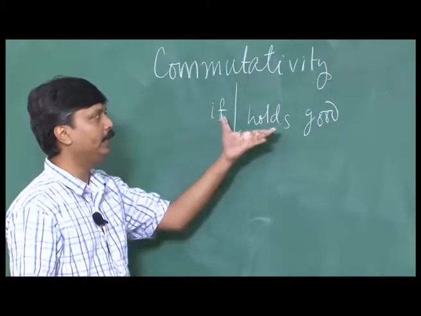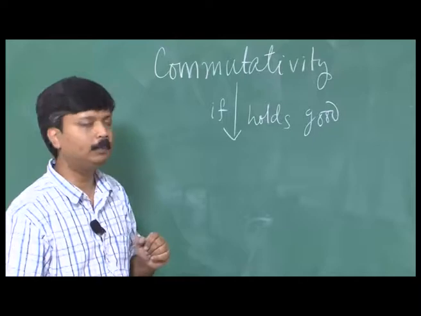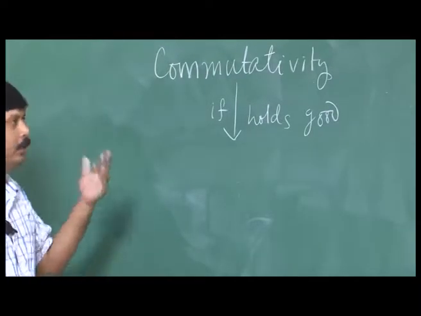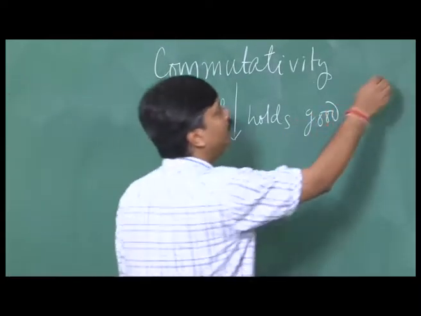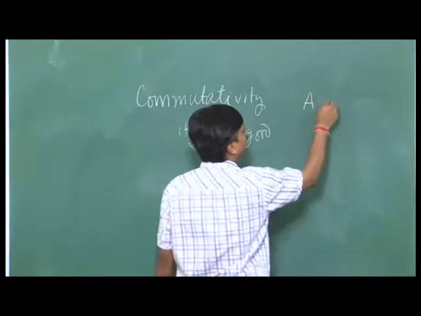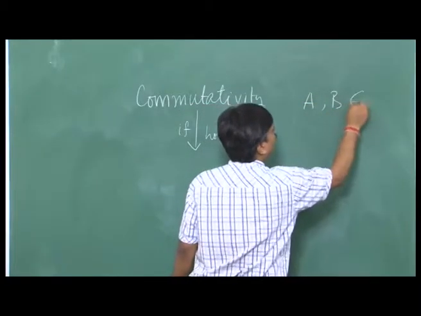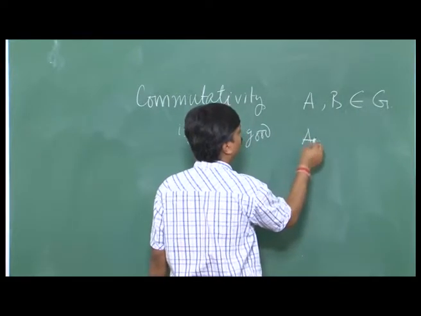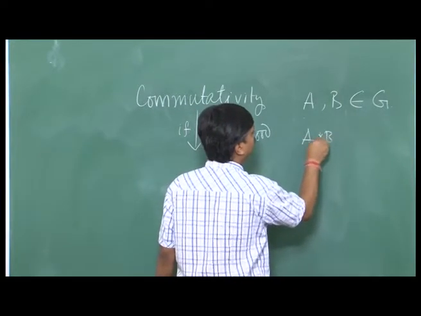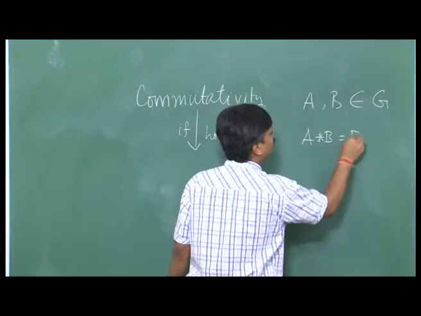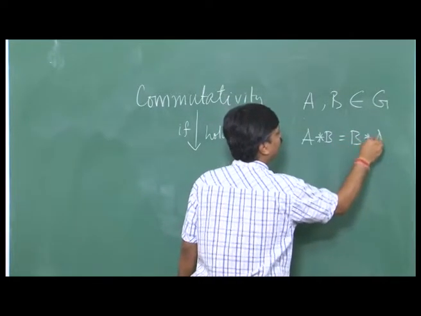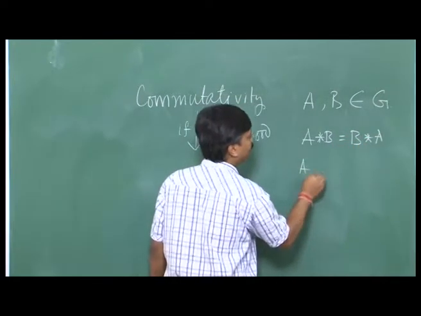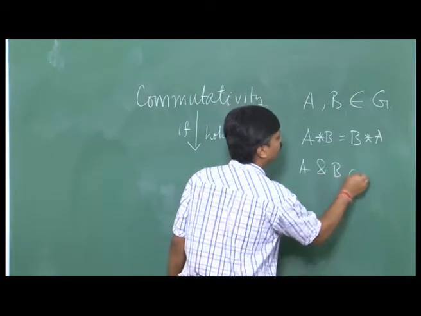Now additionally they are following this particular condition of commutativity, which means for any 2 elements A and B belonging to a particular group, if A star B equals B star A, that means A and B commute, right?